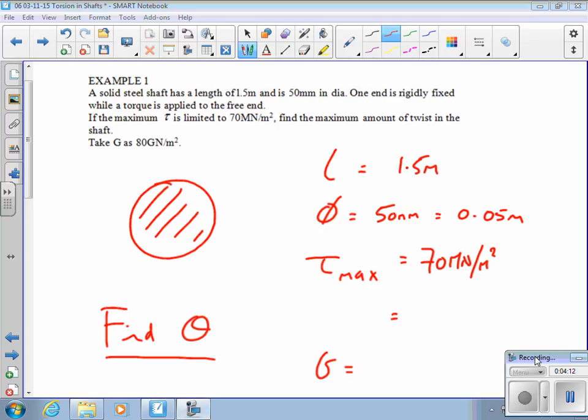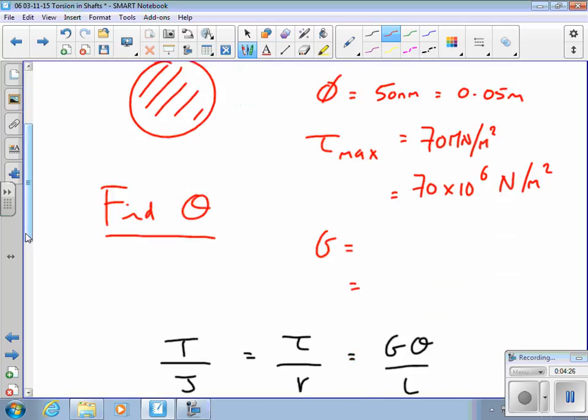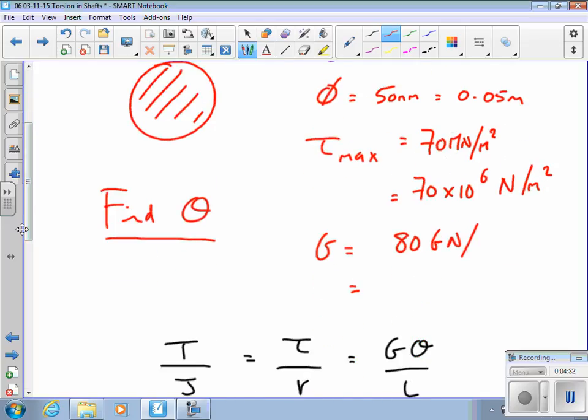So that when I put it into the calculator, I must remember that it's mega newtons per square meter. What's G? 80 giga newtons per square meter. So what do I do with that? 80 times 10 to the 9. Giga is 10 to the 9.